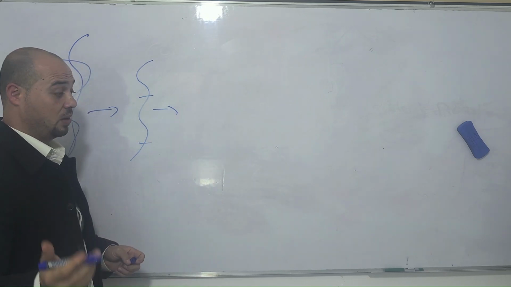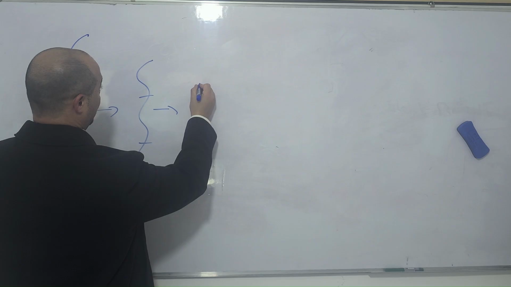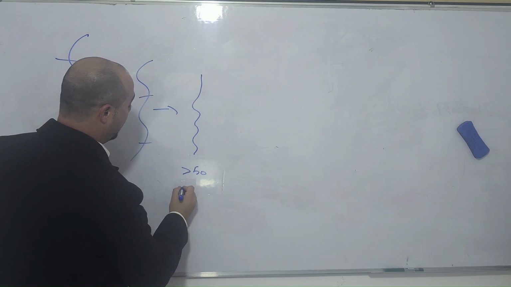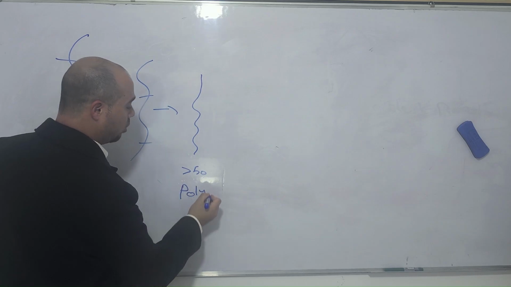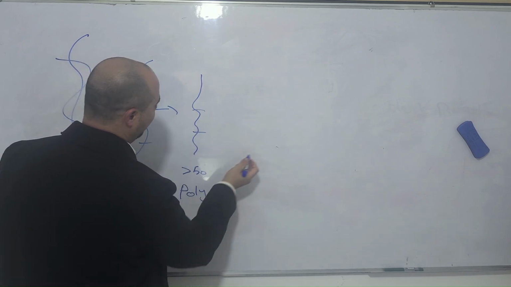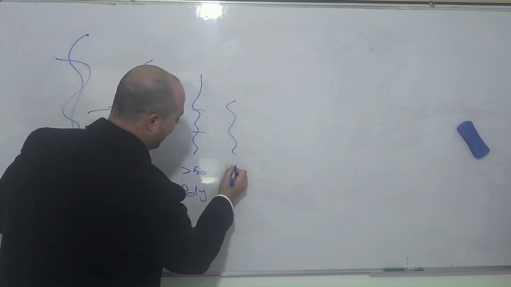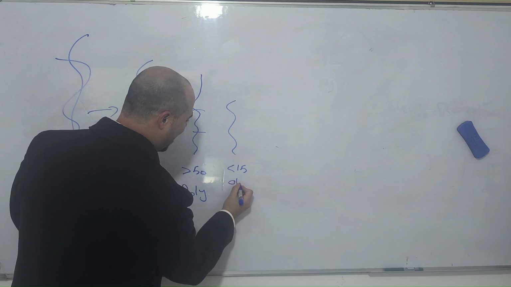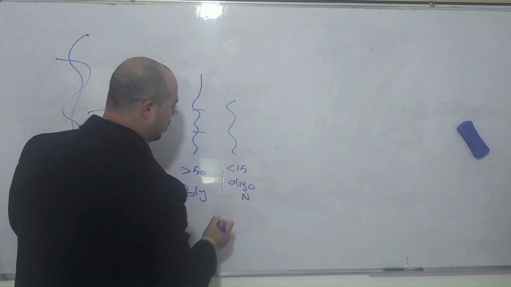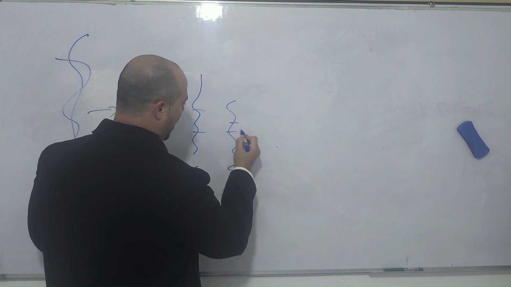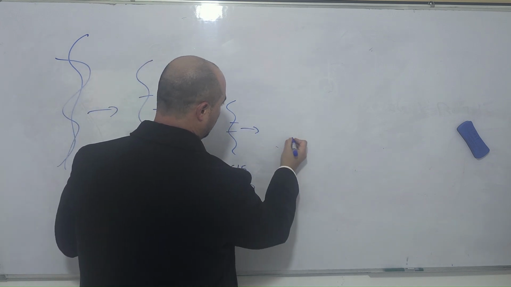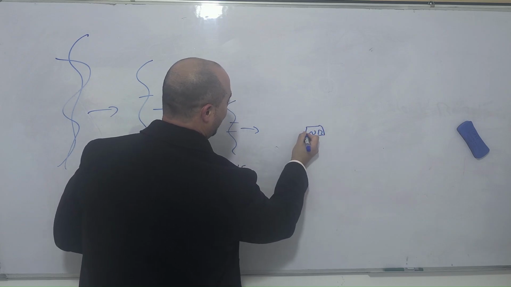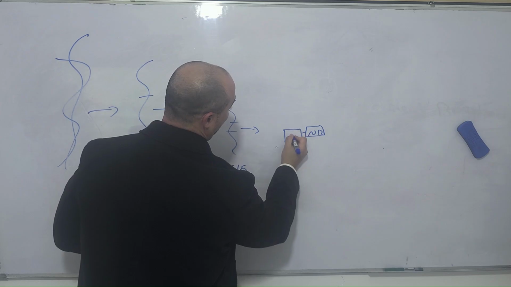At the time, probably some of you didn't even know what a nucleotide is, okay? So let's say it has like 50 nucleotides, and we called it a polynucleotide, and then we took like 15 of them, so here it's less than 15 nucleotides, and now it's called an oligonucleotide. And then we took 1 nucleotide, and we saw that the nucleotide was formed simply of a nitrogen base, here's NB, that's attached to a sugar, which is ribose.